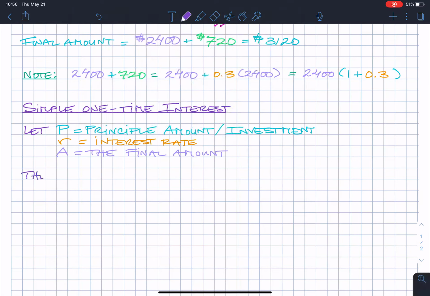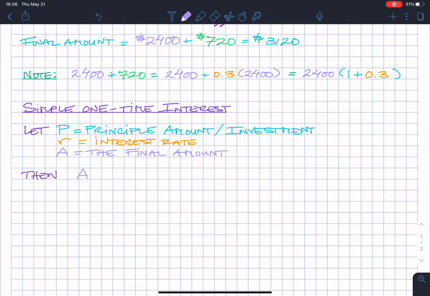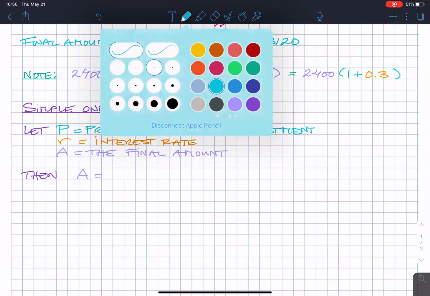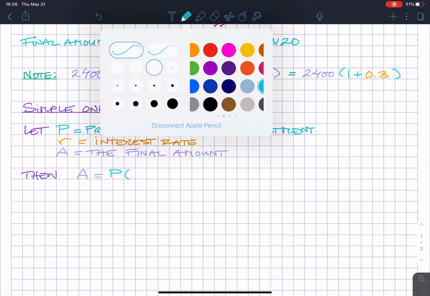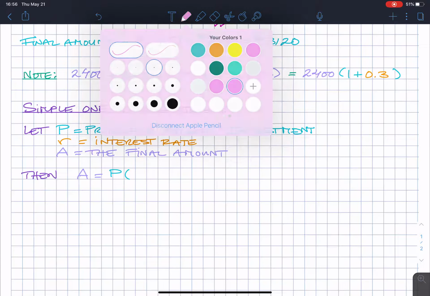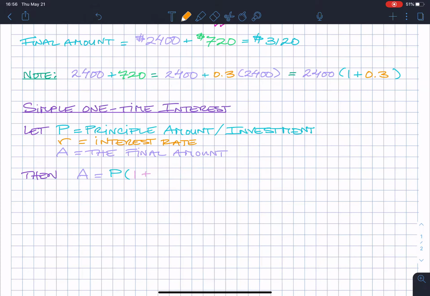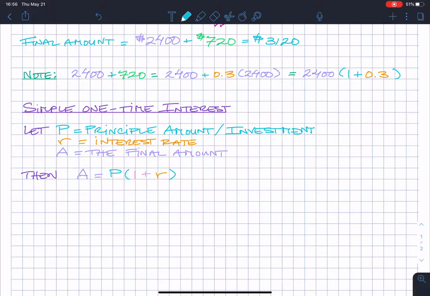Then we have that the final amount A is going to be principal P times the quantity 1 plus the interest rate r.